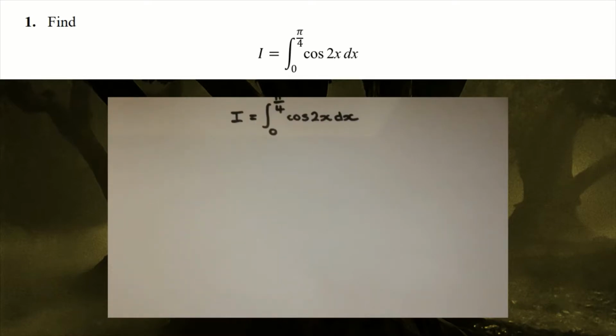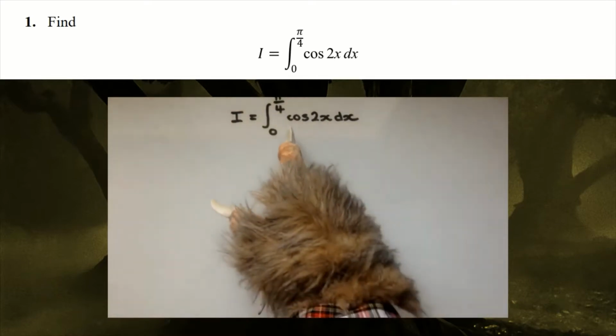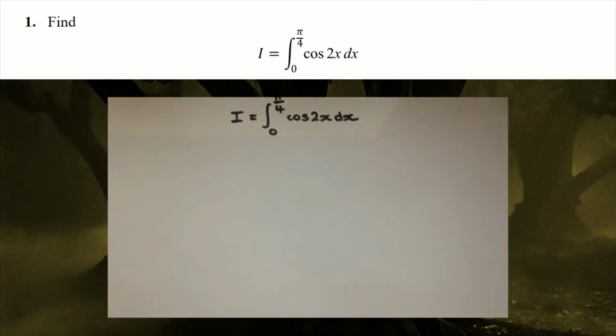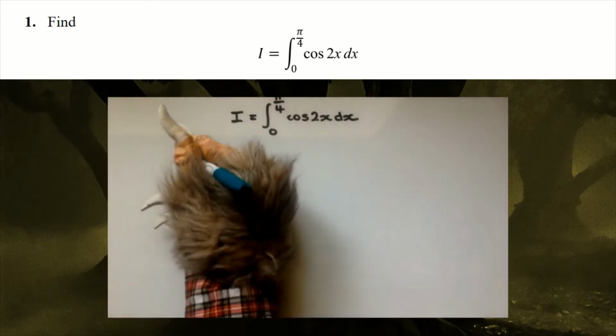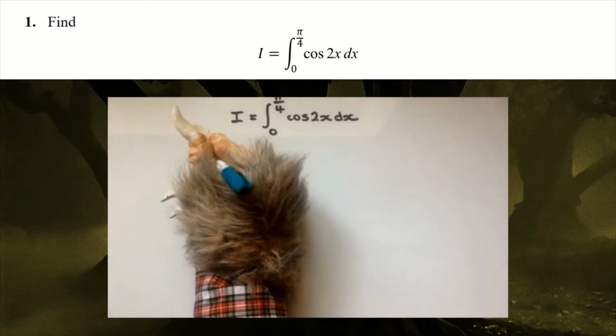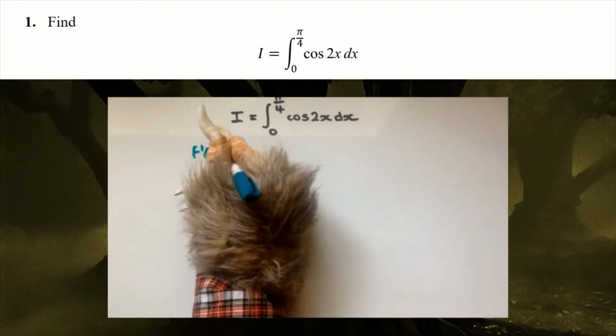So in this definite integral, we're integrating an integrand of cos 2x. And if you remember from earlier in the integration part of the course, this is a standard result. Just to remind you, I'm going to write down the derivative of a function f dash x, like so.